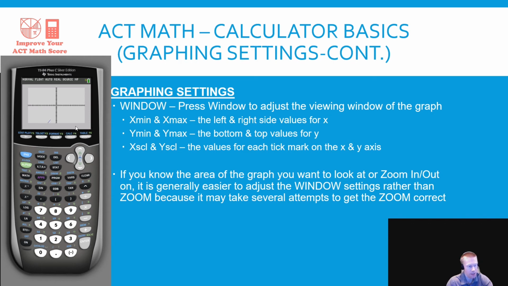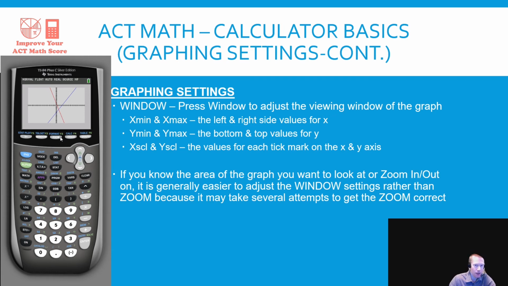Hit the graph button, it's going to redraw the picture, and it's going to be zoomed out, but not as far as the standard default zoom out settings that the calculator would choose.